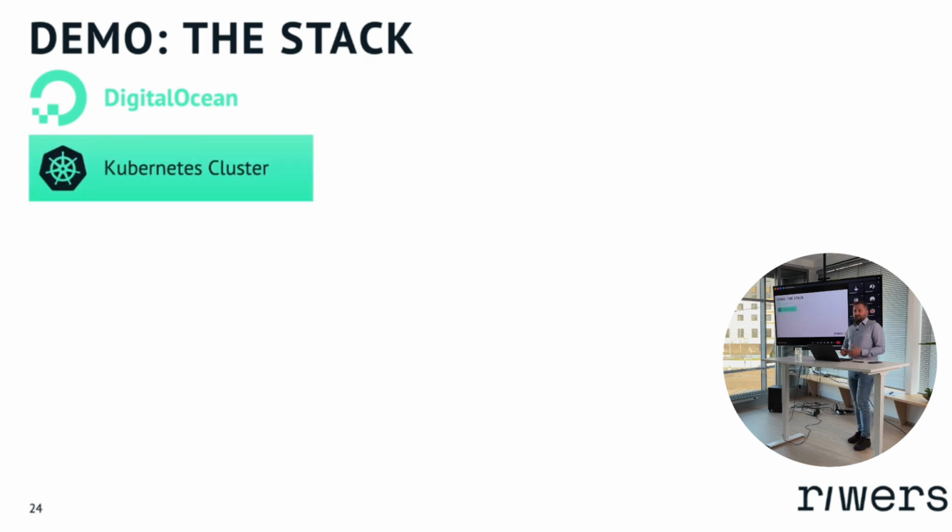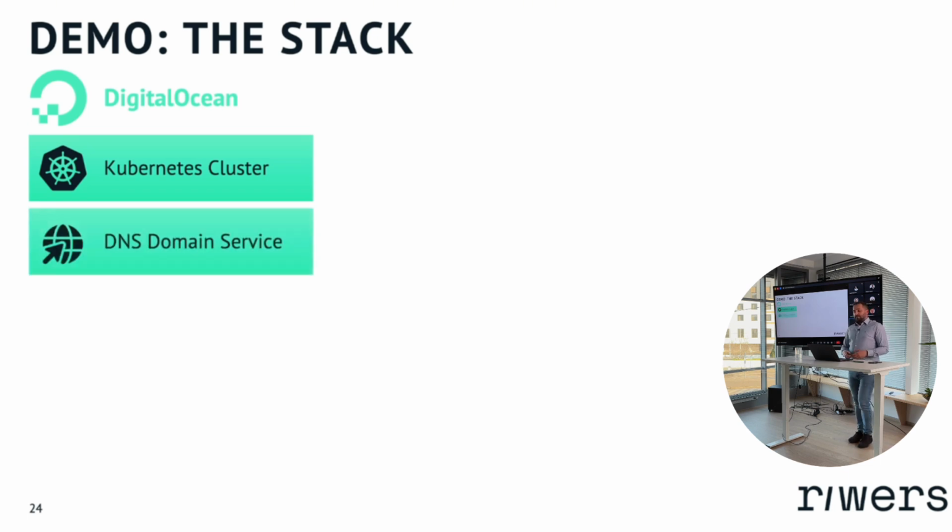Within DigitalOcean, we'll be utilizing several resources. First of all, of course, it will be a Kubernetes cluster, which will be provisioned as a managed Kubernetes. We'll be using their DNS service, so we can set up host names for our application, using which the users could access the app.